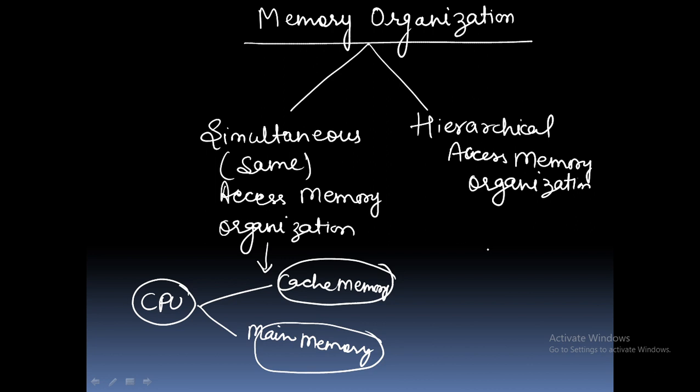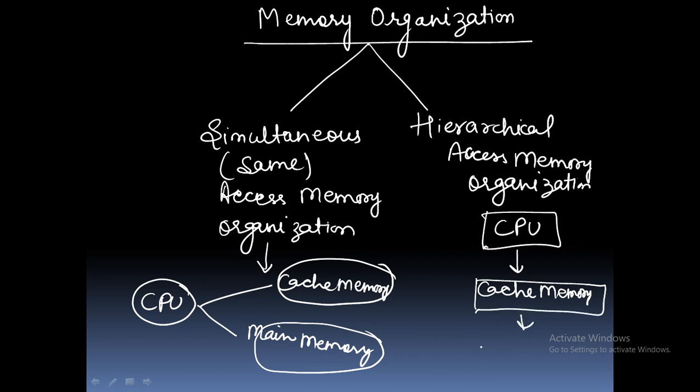But when we use hierarchical access memory organization, then the CPU goes to cache memory, then main memory. This is a hierarchical access organization.